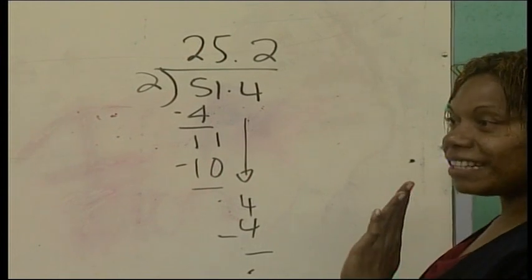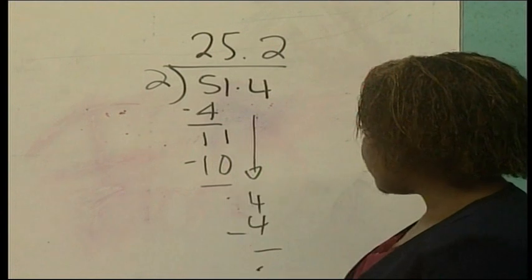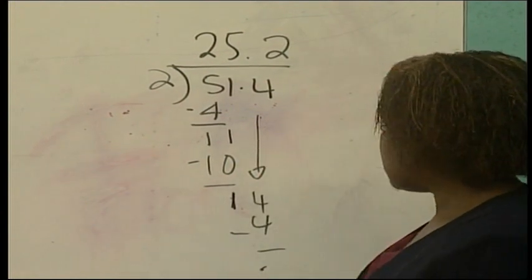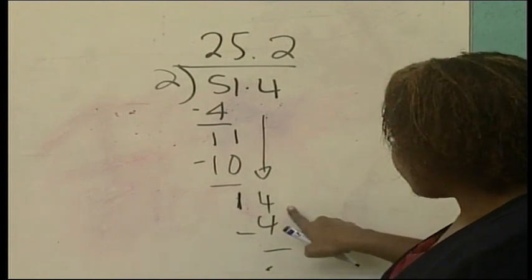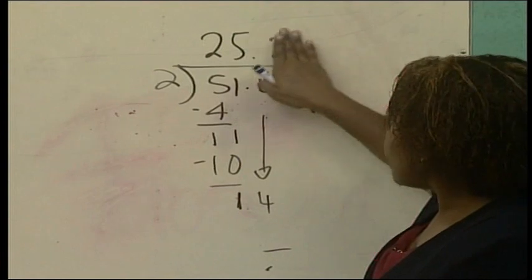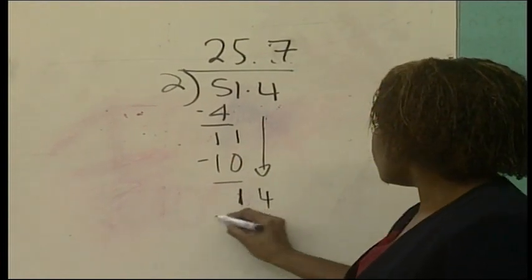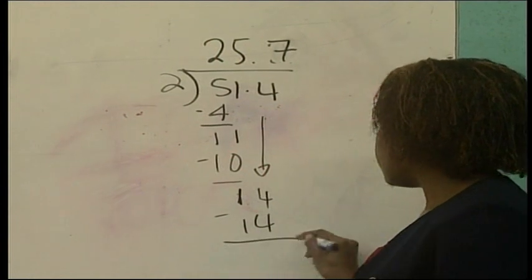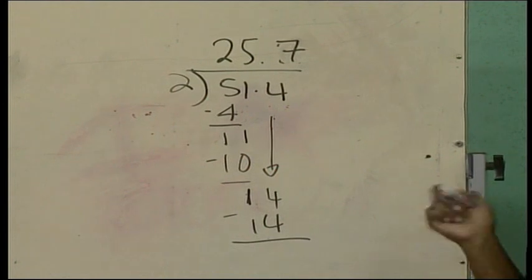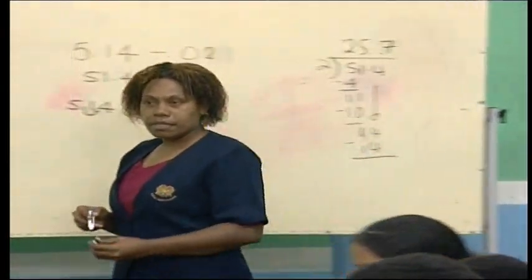Oh, sorry, mistake, okay. 1 take away 0 is 1, okay. 1 take away 0 is 1. So bring down the 4. What's 2 into 14? 7. Okay, so 2 7s are 14. So, sorry class, there's a mistake there. So 25.7, did you get that? Yes. Okay. Thank you for picking that one out, that mistake.